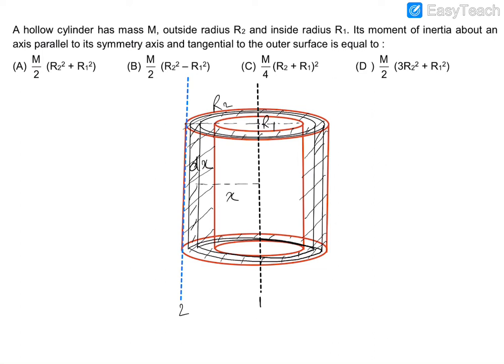So we have considered an element like that and this is an elemental cylinder. So first of all, let us find out the mass of this cylinder.